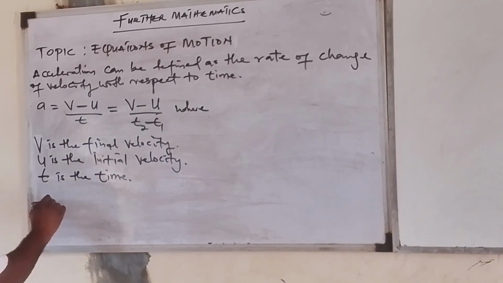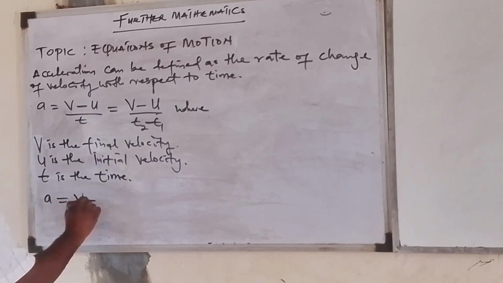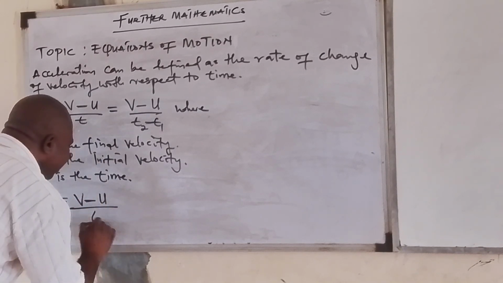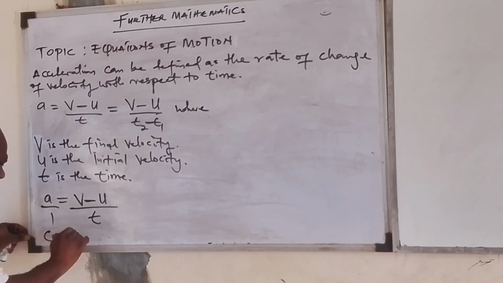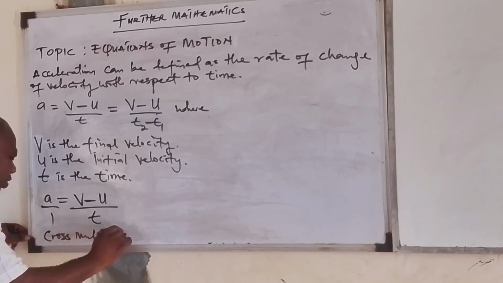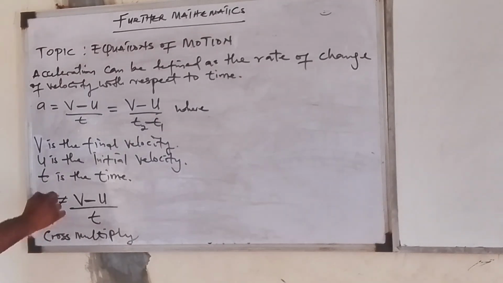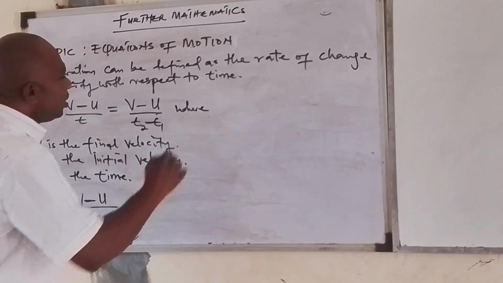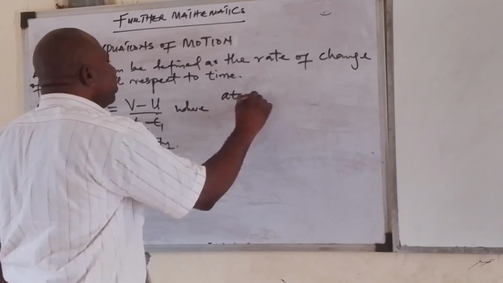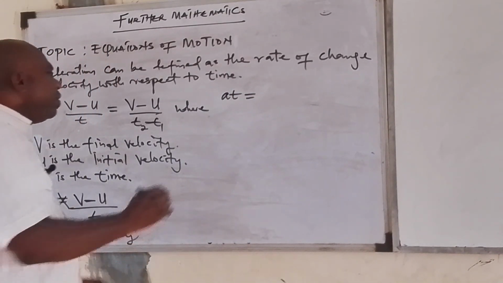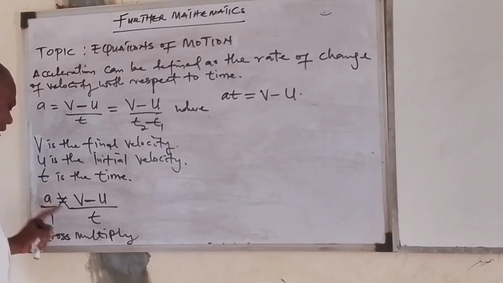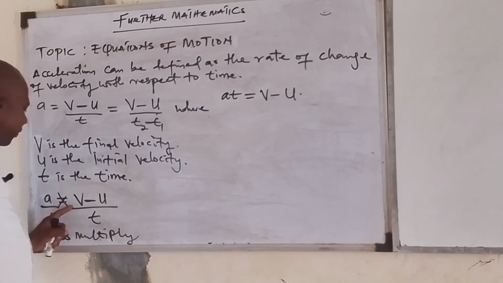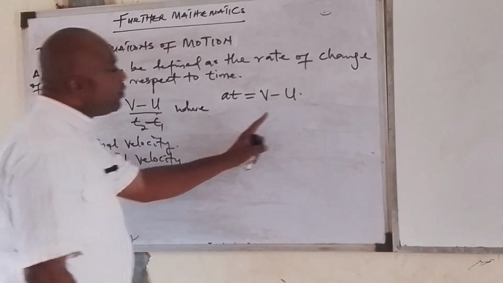Now, if a is equal to v minus u all over t, remember, this a is the same thing as a all over 1. Now, when you cross multiply, a times t, that is at, will be equal to v minus u, because a times t is at, and v minus u times 1 is v minus u.